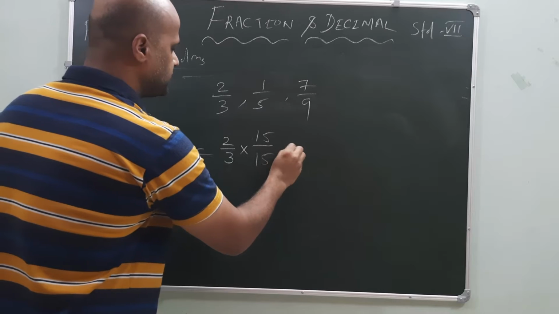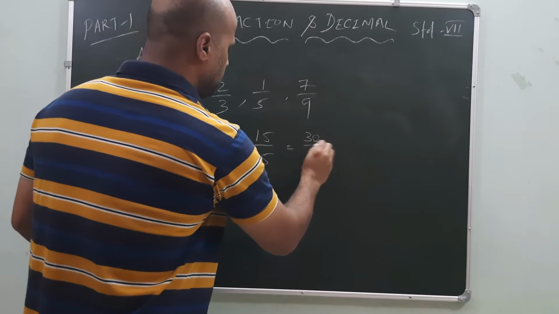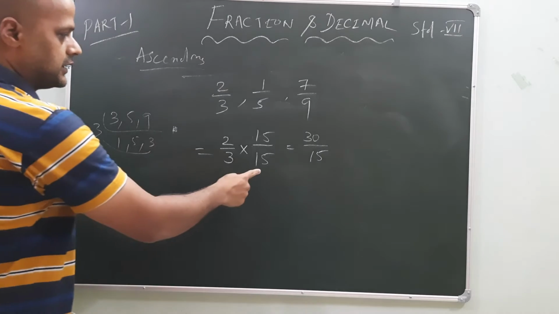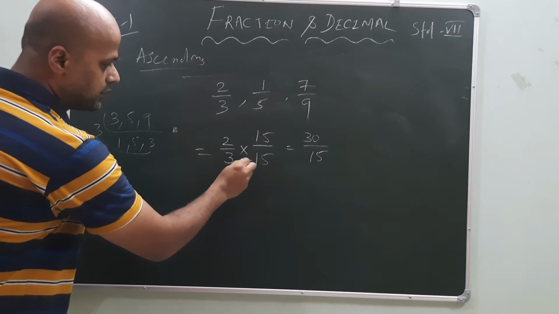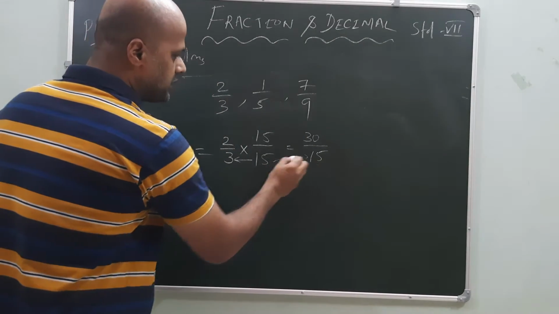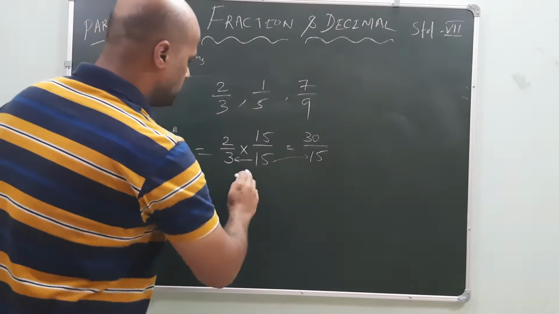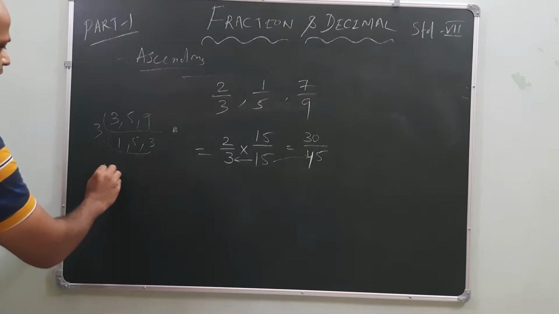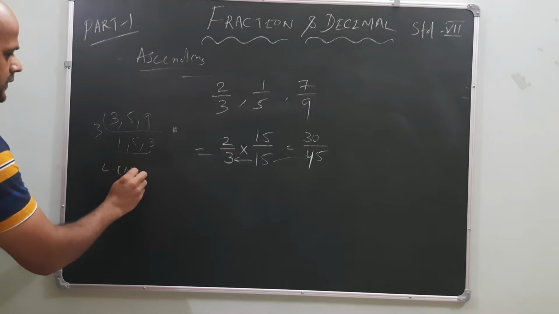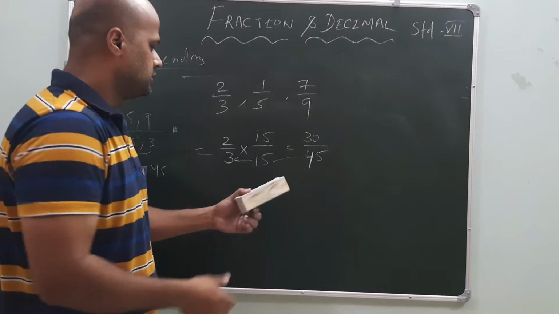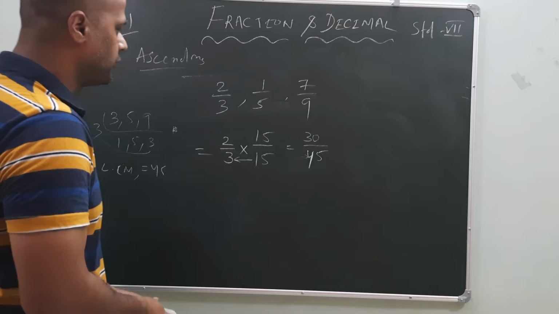15 by 15. How much is coming? 30 by 45. Understood? Always remember what I should multiply with the denominator, so that the answer comes as the LCM, 45. Understood? So if the LCM is 45 here, for 2 by 3 it is coming 30 by 45.